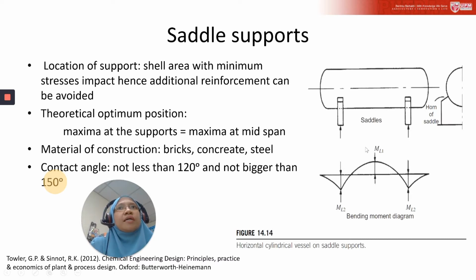A vessel supported by two saddles like this will normally have a uniform load, and the distribution of the load we can see here.